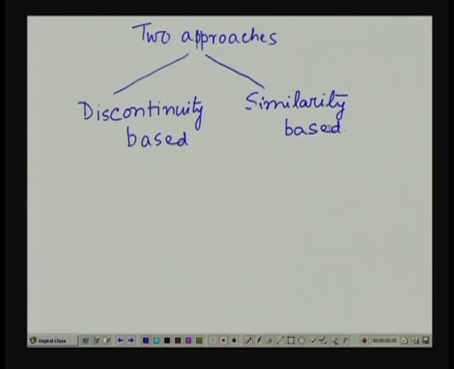In the discontinuity based approach, the partition or subdivision of an image is carried out based on some abrupt changes in intensity levels, or abrupt changes in gray levels of an image.